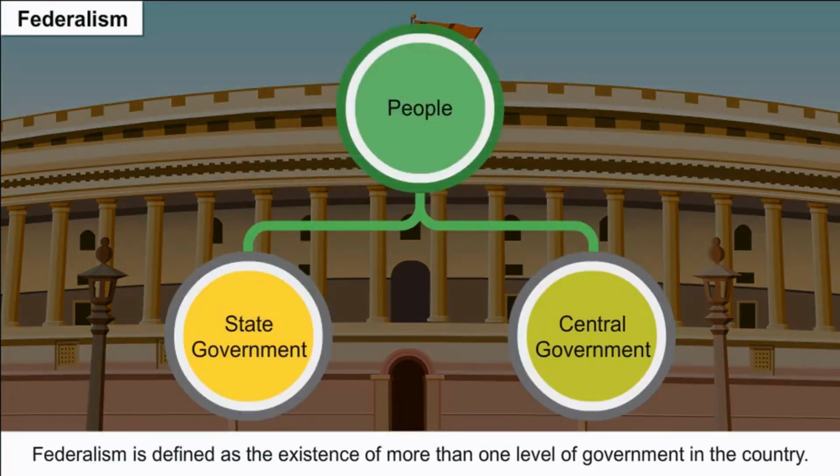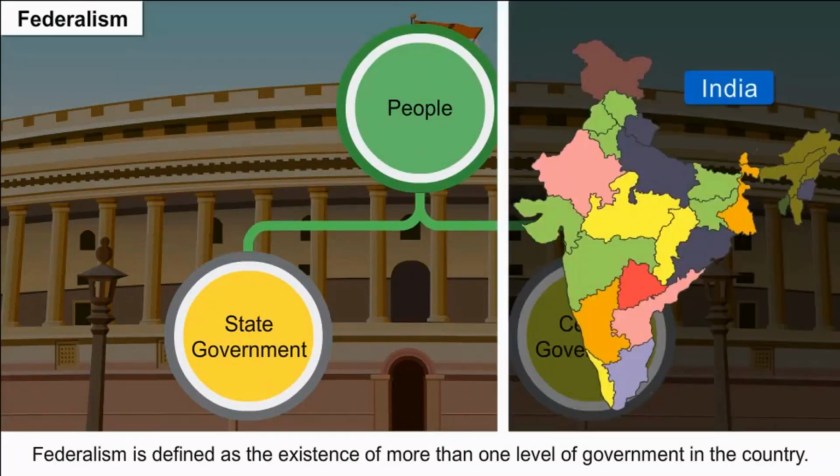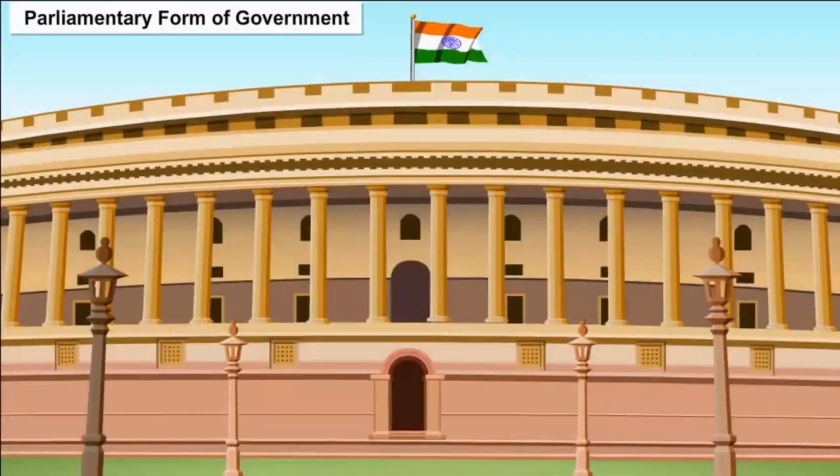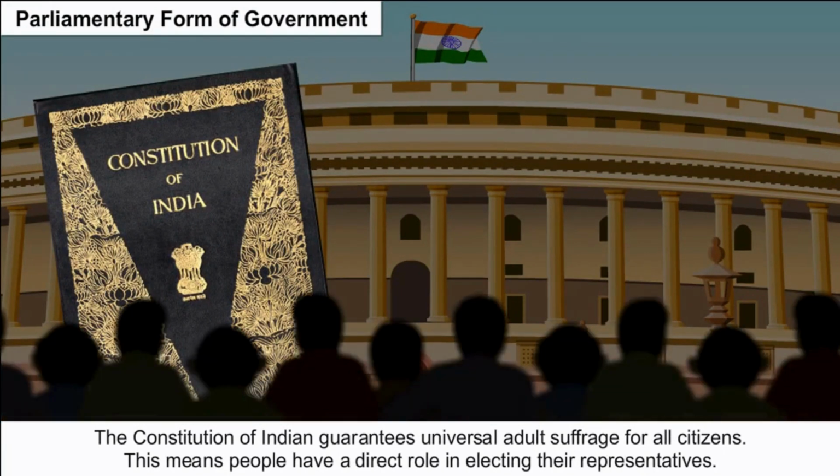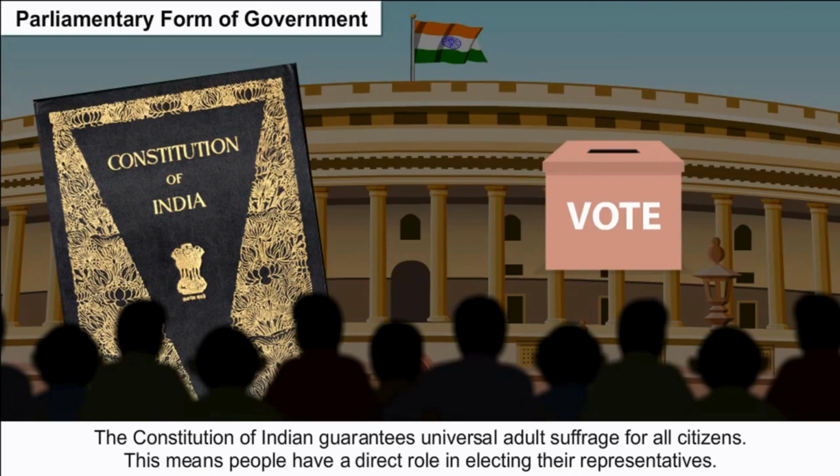Federalism is defined as the existence of more than one level of government in the country. Example, India. Parliamentary form of government. The Constitution of India guarantees universal adult suffrage for all citizens. This means people have a direct role in electing their representatives.